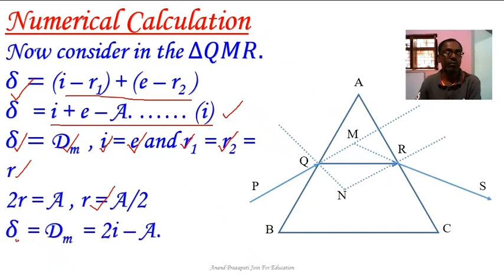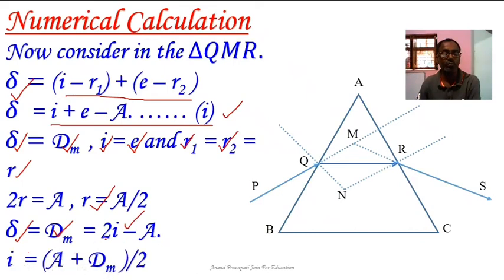Therefore, minimum deviation equal to, here I equal to E, it means 2I minus A. Therefore, I equal to, move right hand side, minus A will be plus A, so A plus dm by 2. After the proper calculation we get this one. So we succeed to find out the value of I and value of R.